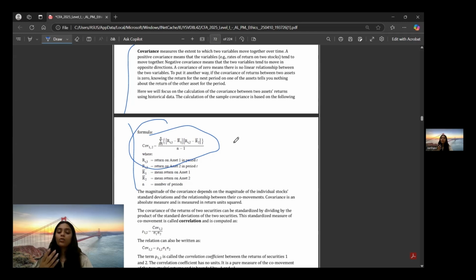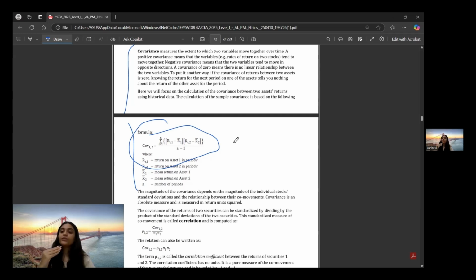So how to analyze the answer that we get by using this formula is that if it is a positive number, the two stocks will be moving in the same direction.